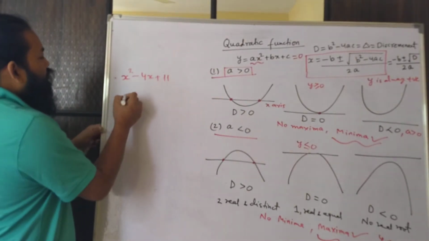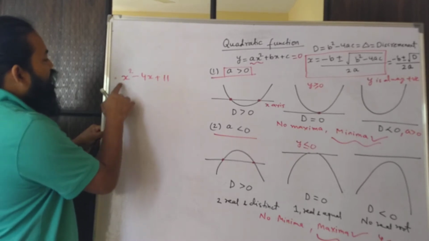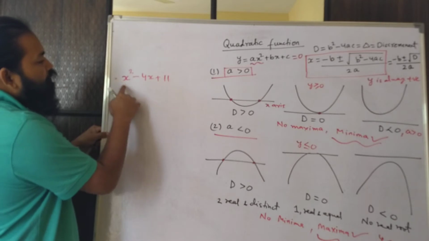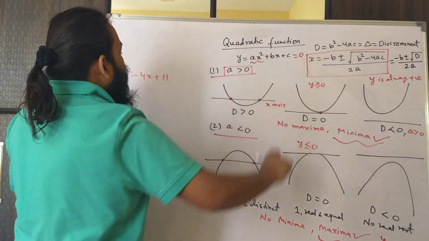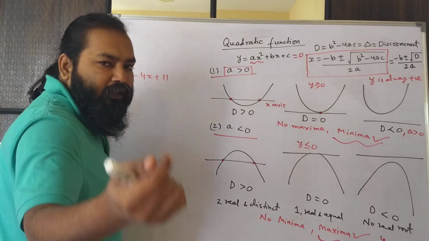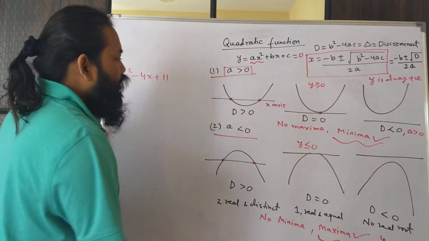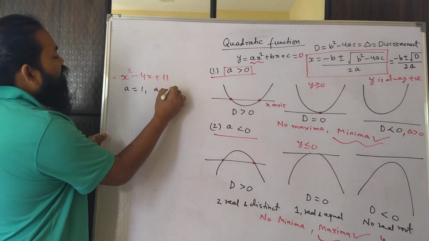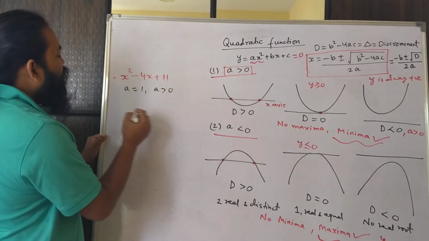Okay, so as you can see, in this case a is positive. So the graph will be like this. So should I ask a minima question or a maxima question? Now you can predict the question. Because a is 1, a is positive, so obviously it's a minima question.